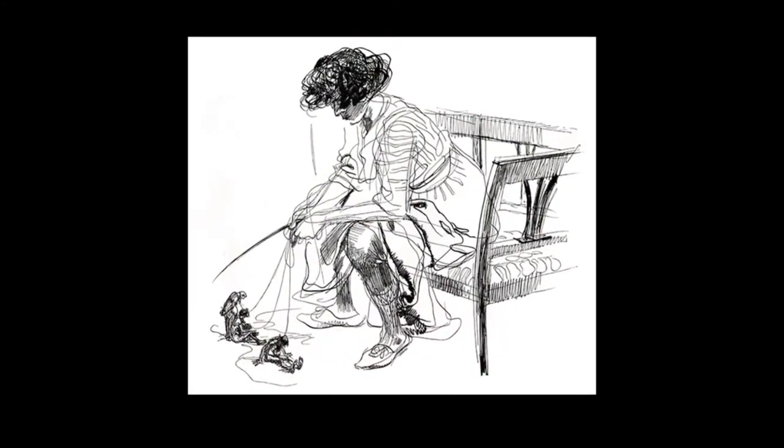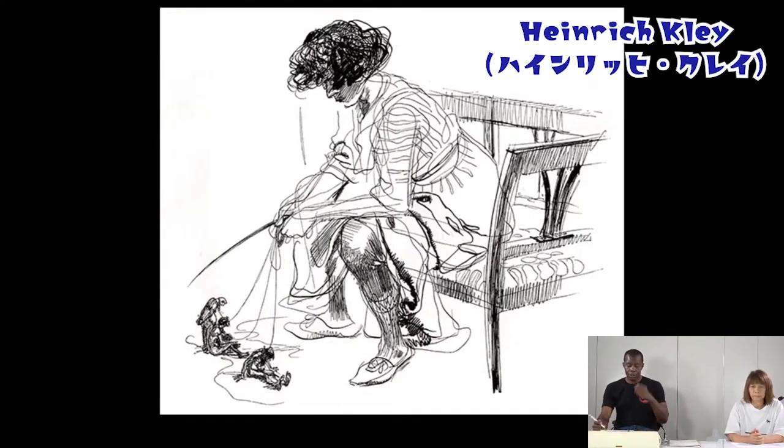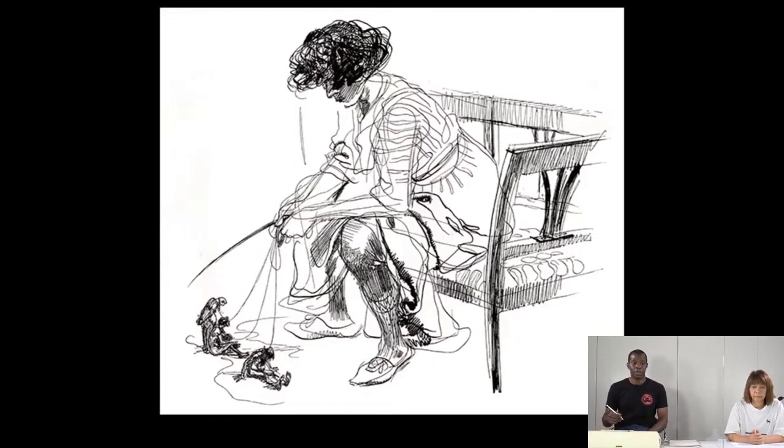So this first drawing here is by a German illustrator by the name of Heinrich Kley. What I really like about Heinrich Kley is that he has this very sketchy kind of line quality to his art.